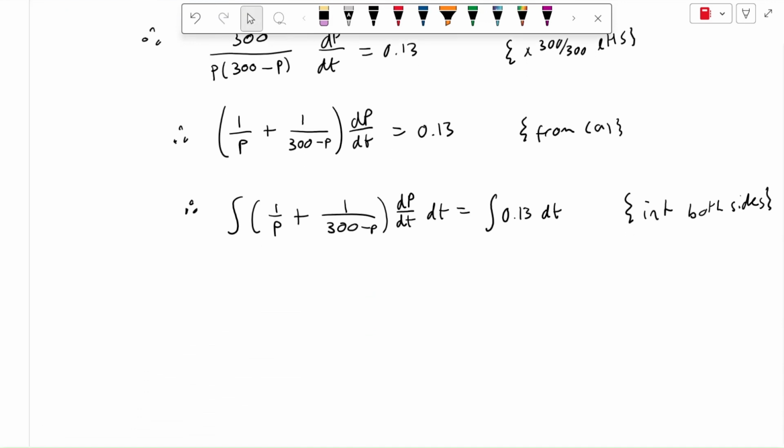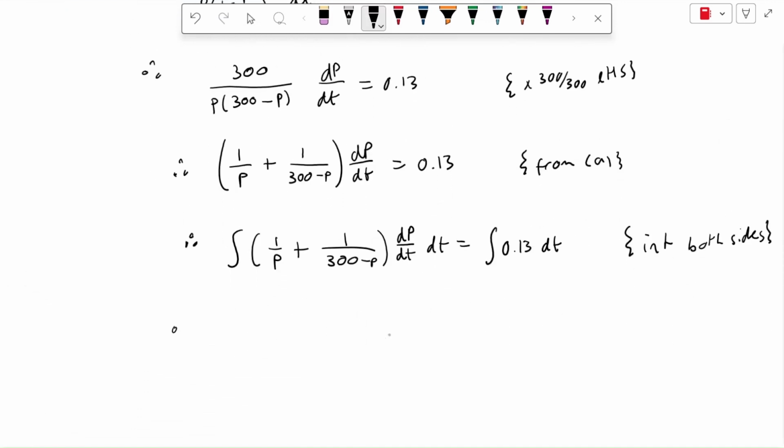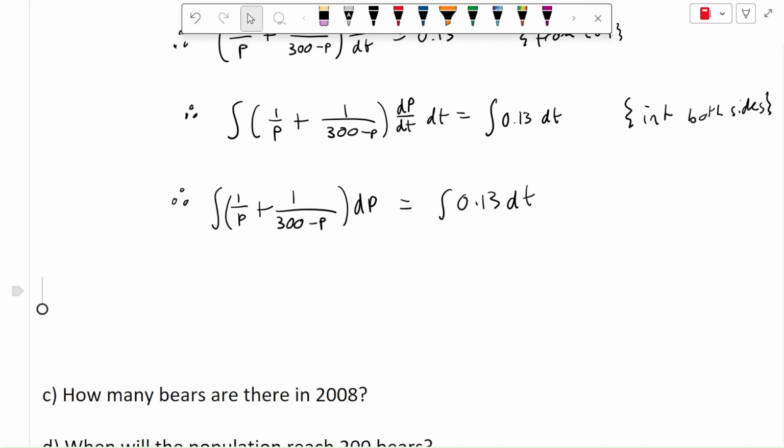I'm really trying to show you the best notation here, just to really explain what you're doing if it's like a show that question. Okay, so this just becomes sort of like the standard thing that happens with separable differential equations. You can think of it like the dt's are cancelling out, even though technically that's not exactly what's happening. And 0.13 dt. So now I can just integrate both sides.